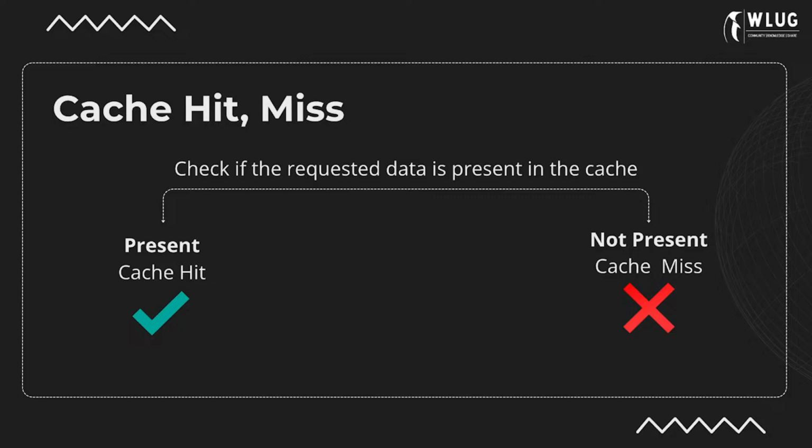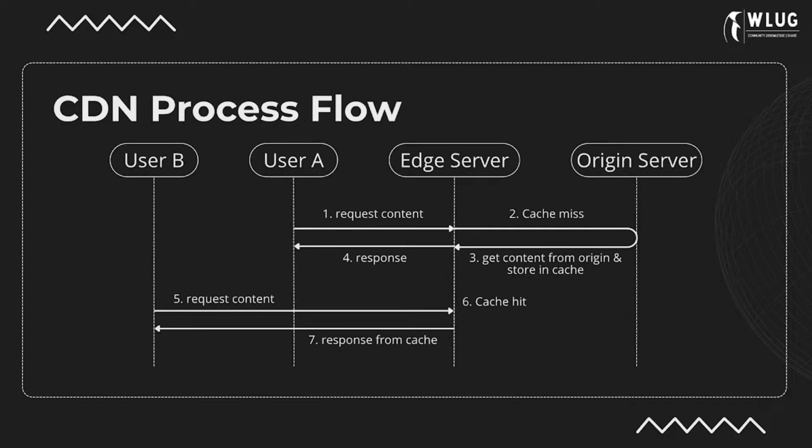Now, if your data is present in the cache of that edge server, it will result in a cache hit. But if it's not, it will result in a cache miss. What do you think will happen once a cache miss occurs? Do we just leave it and respond, sorry user, we couldn't find it? No, right? Let's see what happens.